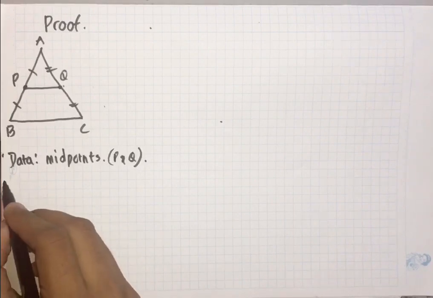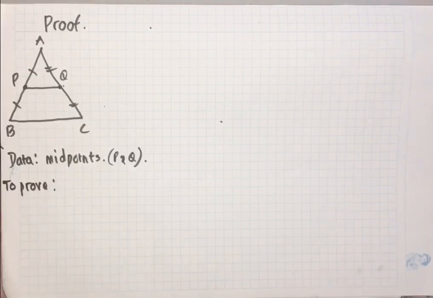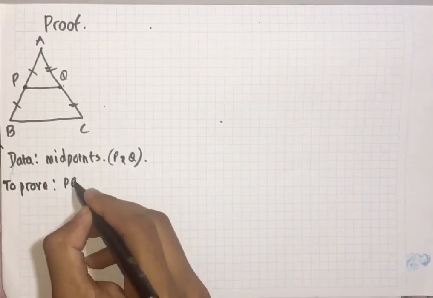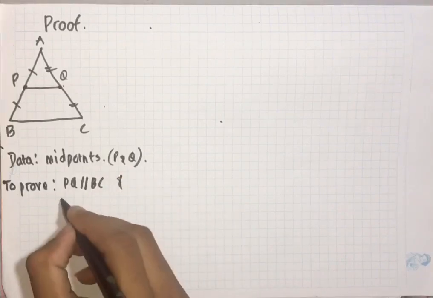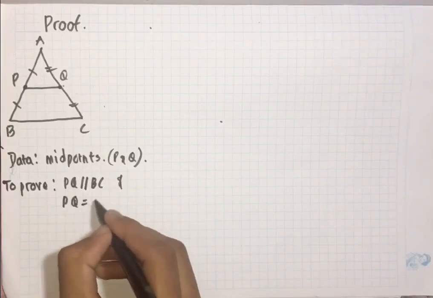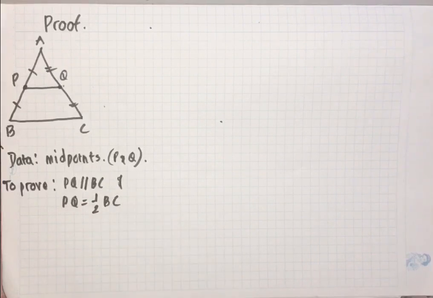To prove: PQ is parallel to BC and PQ is equal to half the length of BC. Those are the two things we have to prove.